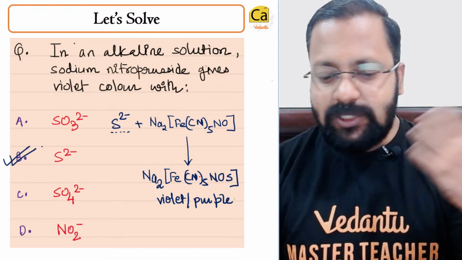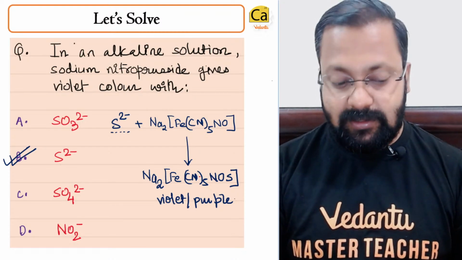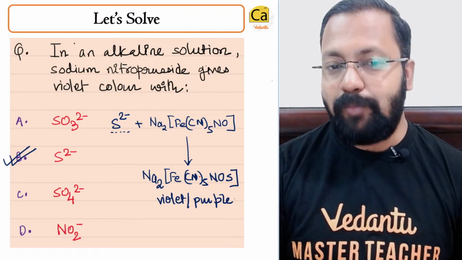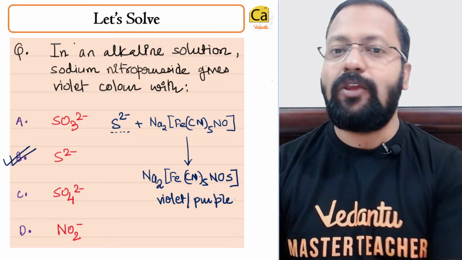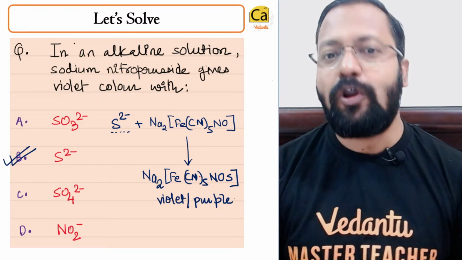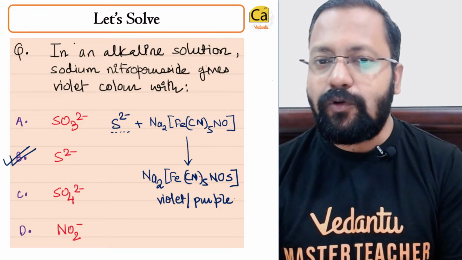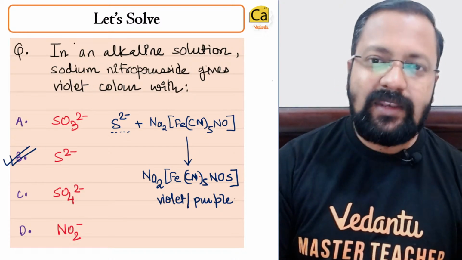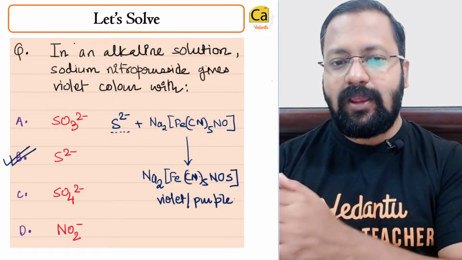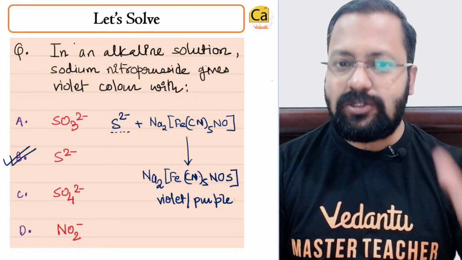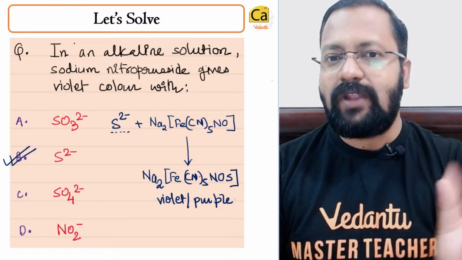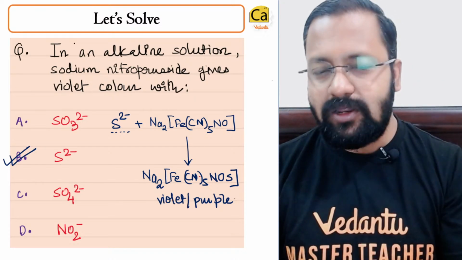Please do remember that these are tests. For becoming good at this topic, you need to cross reference. If you have your notes which are prepared, then you can cross reference the information. So there is information about sodium nitroprusside. You can check in your notes.